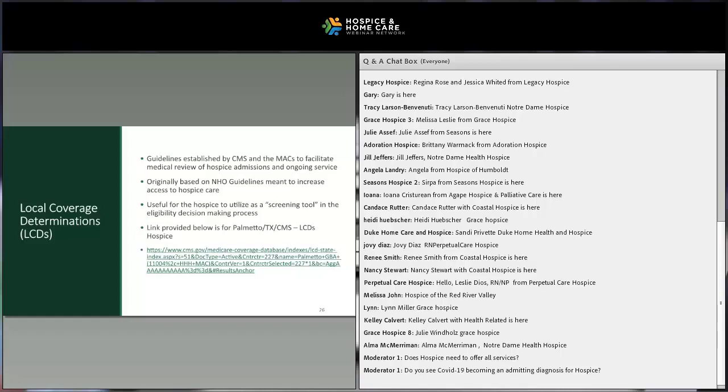So I find that hospices with limited services, it does impact the quality of care. I don't want to speak poorly about anybody, but it does impact the quality of care and what the patient does receive.